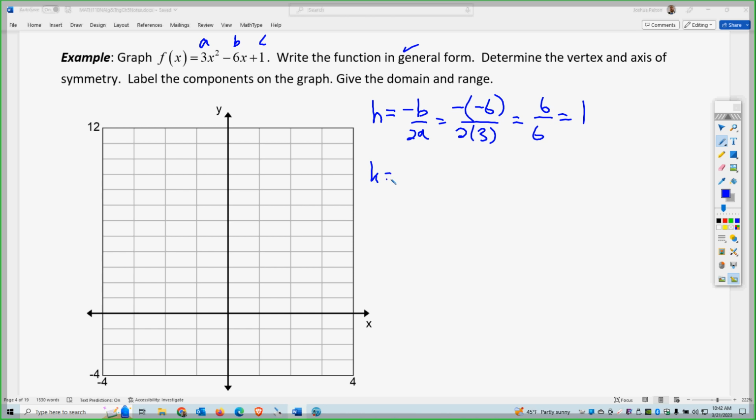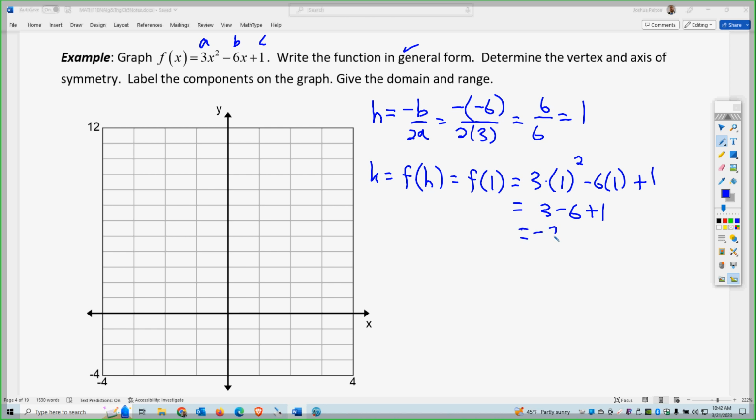So the k is f of h, or in this case, f of 1. Okay, so I have 3 times 1 squared minus 6 times 1 plus 1. So I get 3 minus 6 plus 1. So that's, let's see, -3 plus 1 is -2, right? So the vertex is (1, -2).